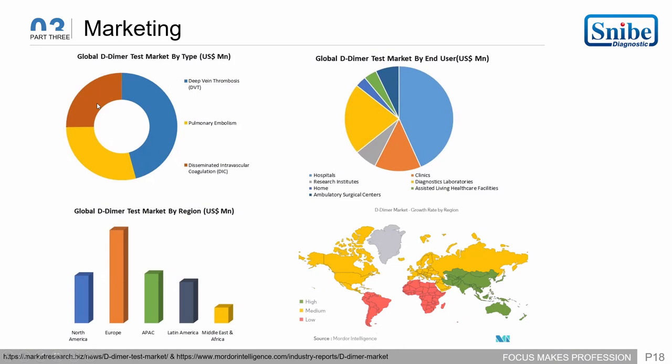On the basis of these three diseases, D-dimer test utilization is higher in the market. The D-dimer test market by region is highest in Europe, followed by North America, APAC, and Latin America, and then the rest, with lower demand in the Middle East and Africa.